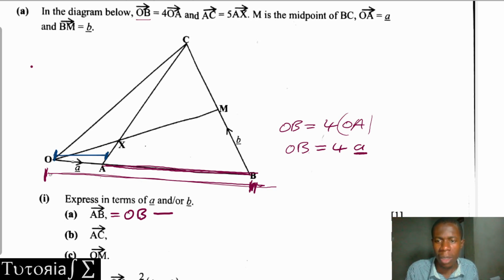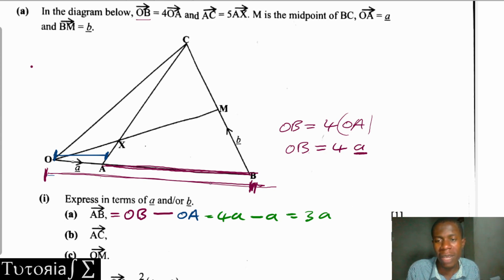When you subtract OA from OB, you're going to get AB. So AB is equal to OB minus OA. OB is 4A, 4A minus OA, which is A. So the final answer here will be 3A.